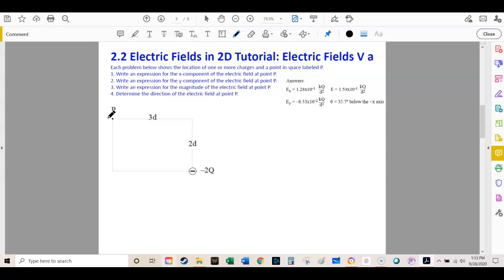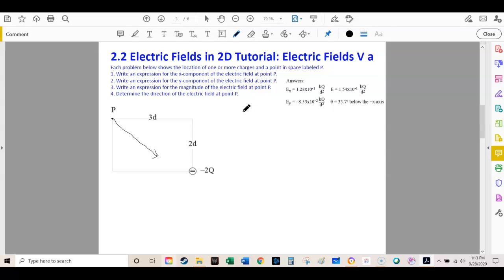So right now, which way should the electric field vector at point P be pointed? Should it be pointed towards or away from the negative 2Q charge? It should be pointed towards the negative 2Q charge. So you just draw a little vector like that. The first step, like the 1-dimension problem, is drawing the electric field vector.